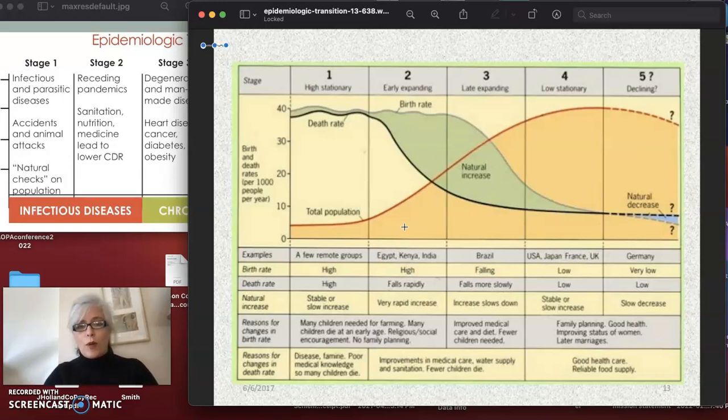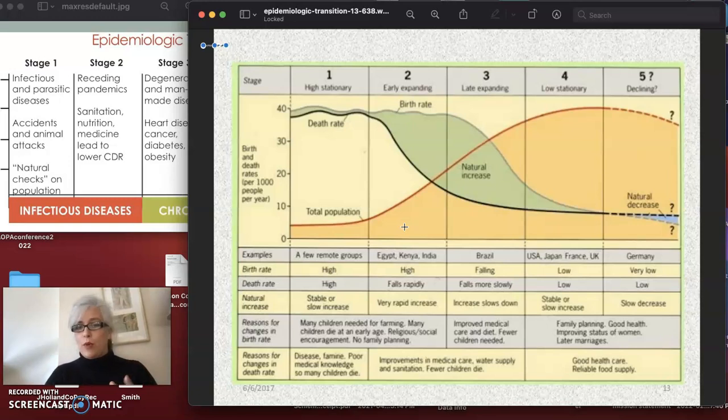So if you are producing more than what your immediate family needed on a yearly basis, you could use that to sell, to trade, to improve your lifestyle in other kinds of ways. And so people in general had a really different attitude about children, because they were necessary workers.